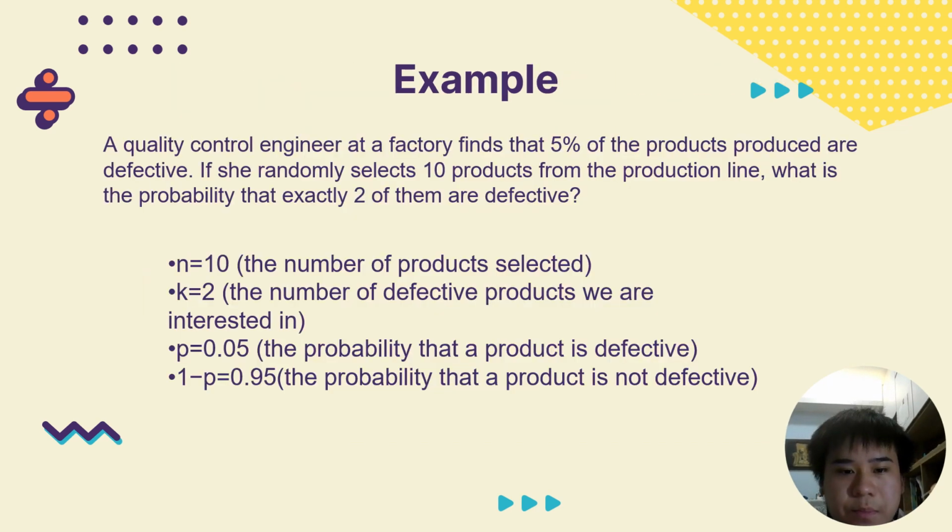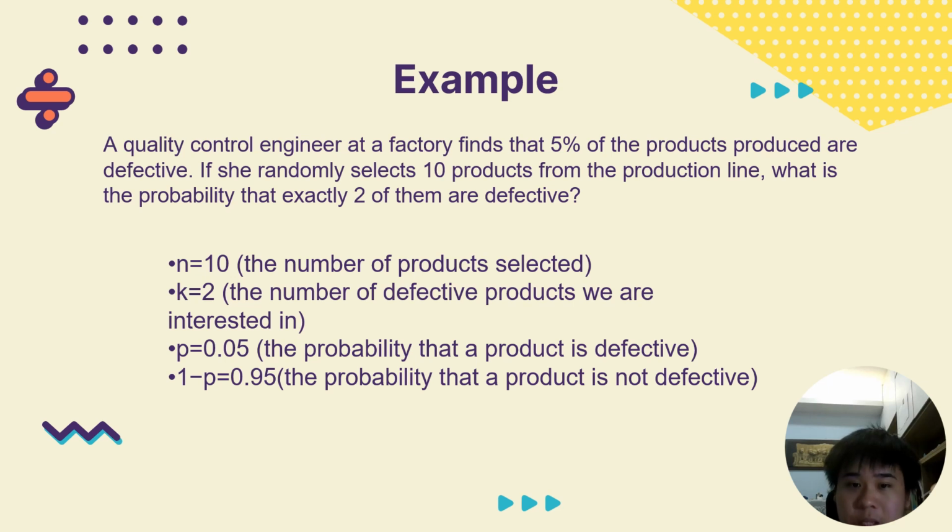Let's look at an example question. A quality control engineer at a factory finds that 5% of the products produced are defective. If she randomly selects 10 products from the production line, what is the probability that exactly 2 of them are defective? Let's list out the variables. N is 10, the number of products selected.